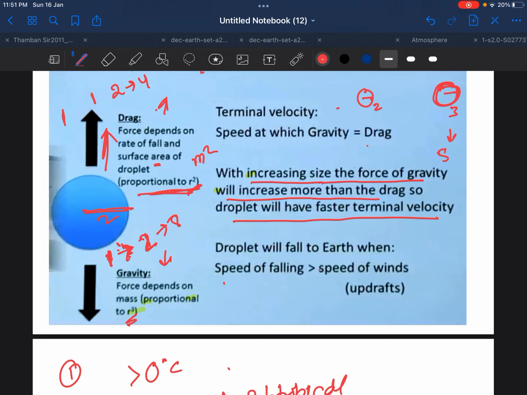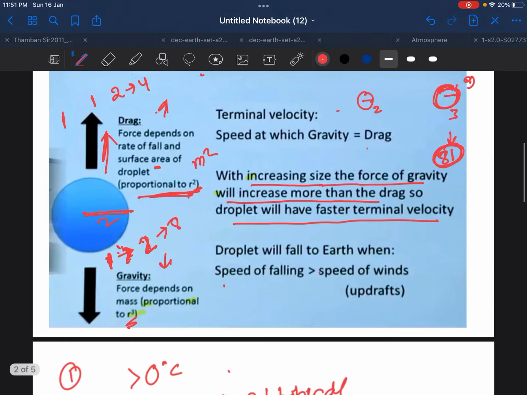So the cube of 3 is how much? 27, and the square of 3 is how much? 9. So to compensate this 27, the drag force should be more, no? It should be more. So the final terminal velocity will be more. Okay, are you getting my point?